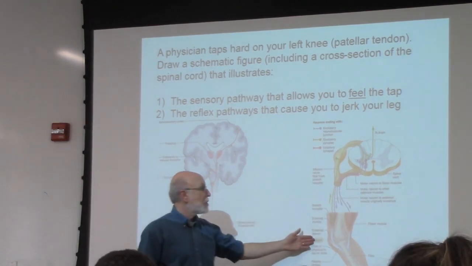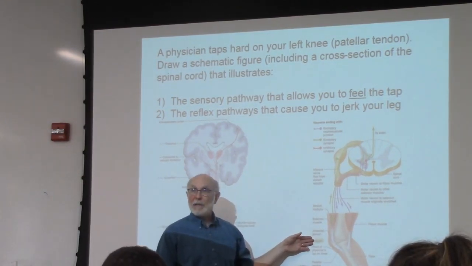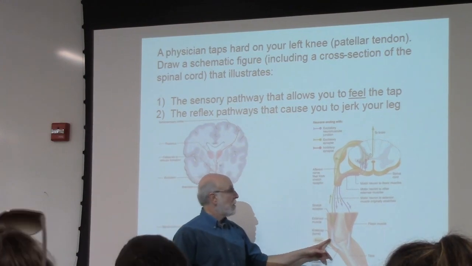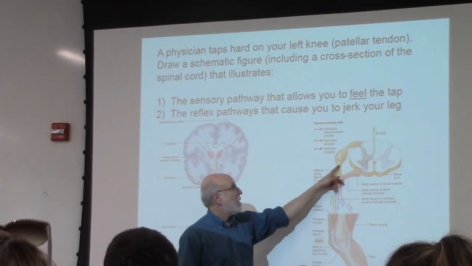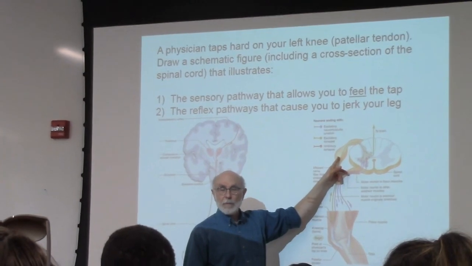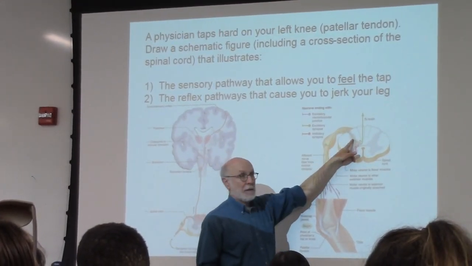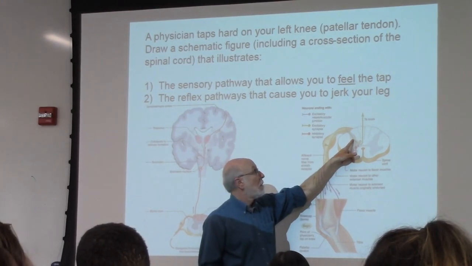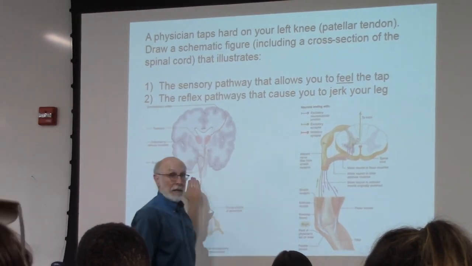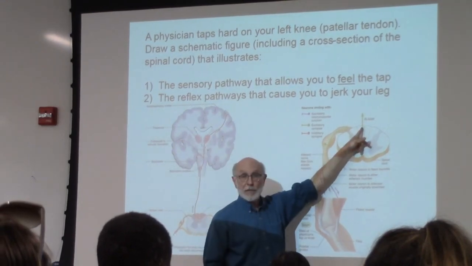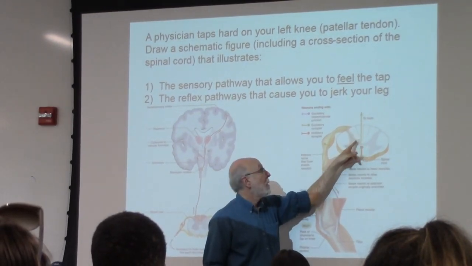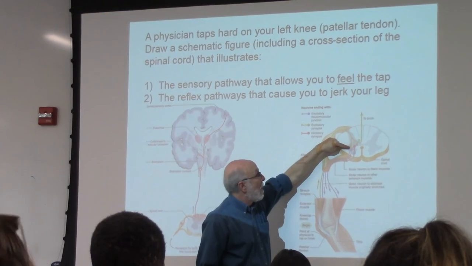And this is the sketch of the knee-jerk reflex. Stretch, axon, cell body in the dorsal root ganglion, enters the spinal cord at the dorsal horn. Here's the story that's articulated over there, but we're not talking about that.